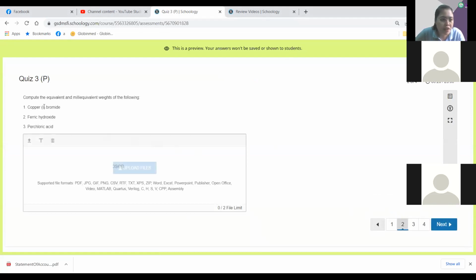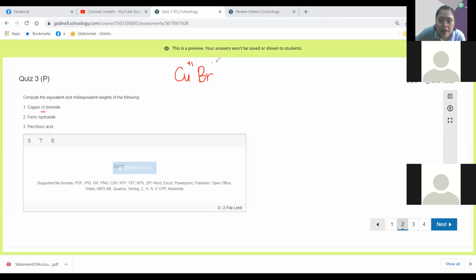And then compute for the equivalent and the milli-equivalent weights of the following. The first one is copper bromide. Copper is Cu, bromide is Br, and then let's check their charge. Since there is a 1 indicated there, copper will automatically be positive 1.